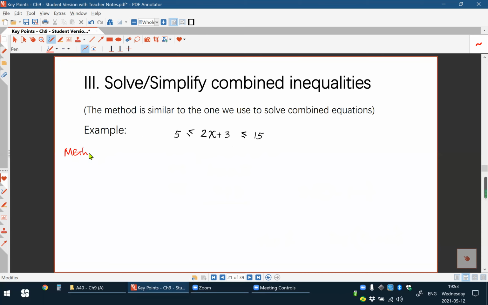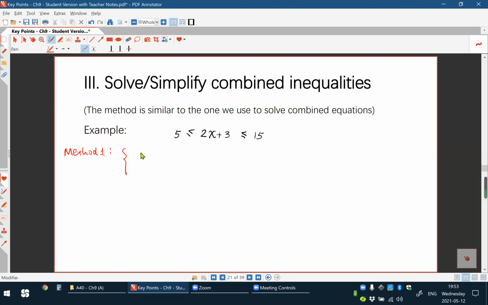First method, we can detach these two different inequalities, right? So this is actually the first inequality, and this is another inequality, right? So we can detach them into two.